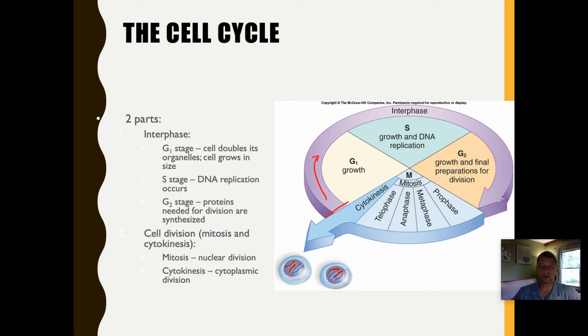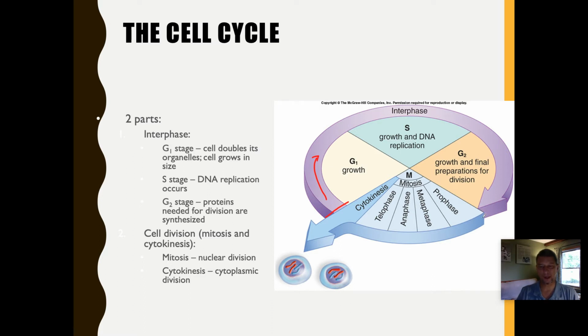There's a little bit of growth, but the most important thing that happens here is that the DNA replicates, and you end up with two copies of each of the chromosomes. Then we enter G2, which is growth and the final preparations for cell division.